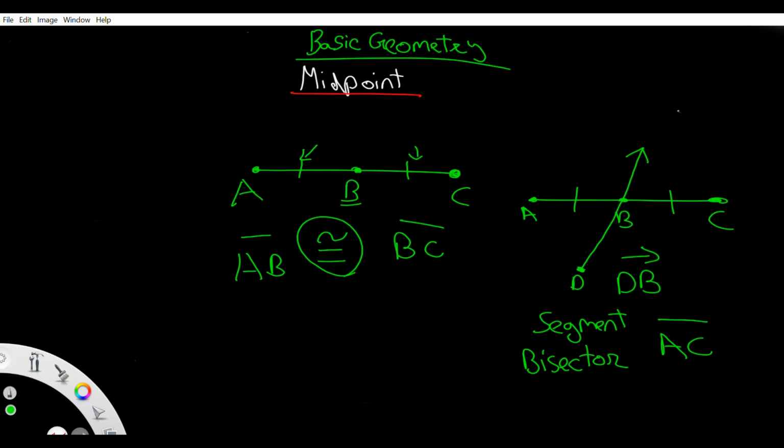AB is congruent to BC, and because this ray D is passing through the point B, it is a segment bisector of the segment AC.